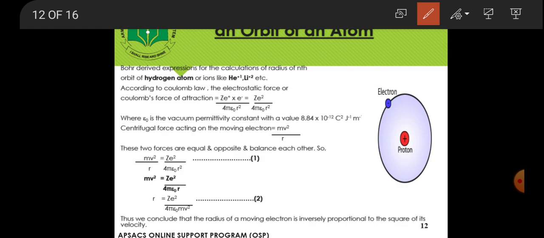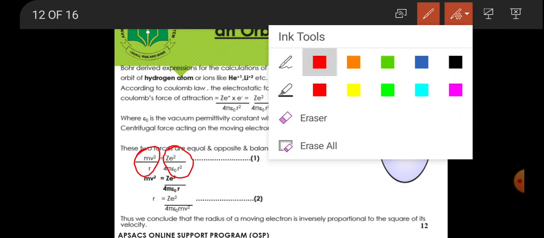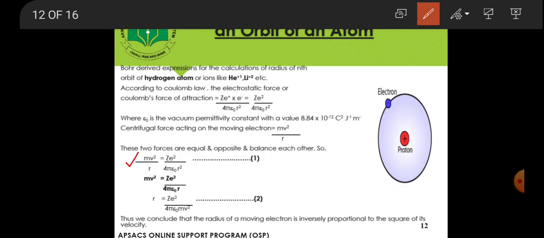So we can say that the centrifugal force is equal to the Coulomb's force of attraction. mv square over r is equal to Ze square over 4 pi epsilon naught r square. We will cancel r and we will get the equation mv square is equal to Ze square over 4 pi epsilon naught r. On rearranging, we will get the equation r is equal to Ze square over 4 pi epsilon naught mv square.